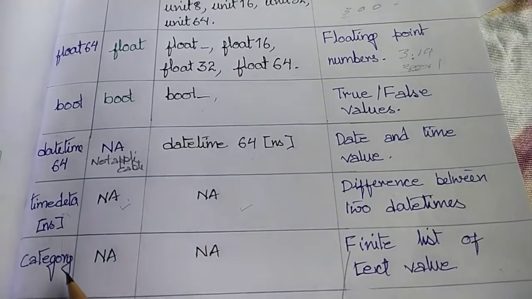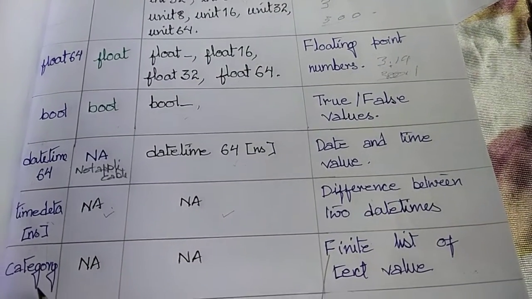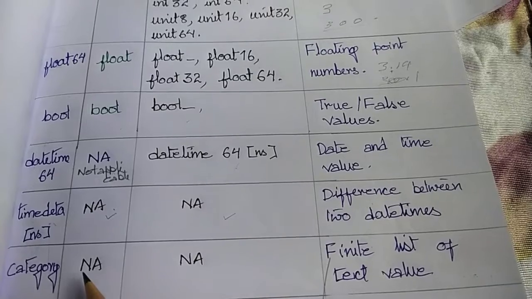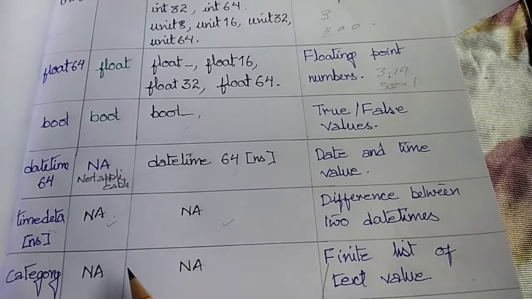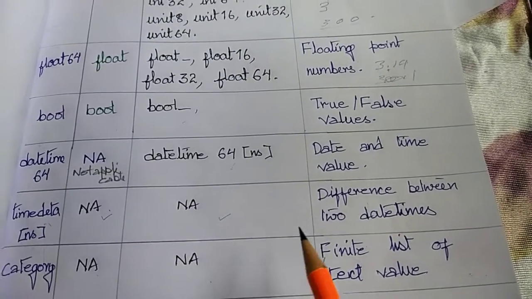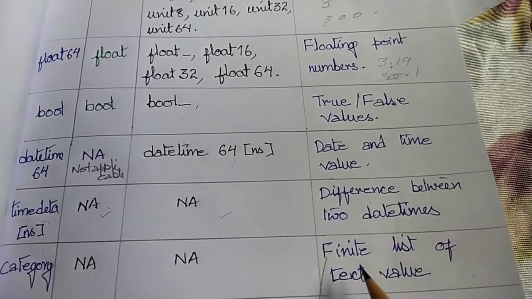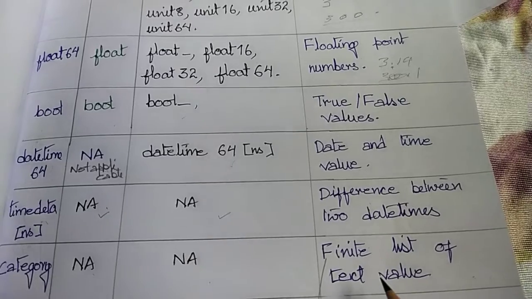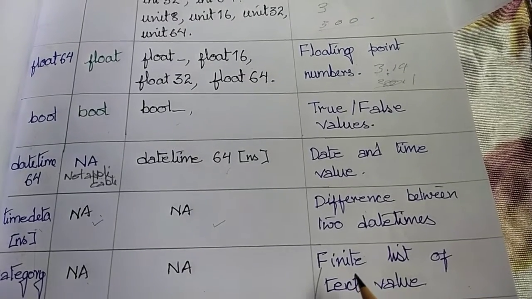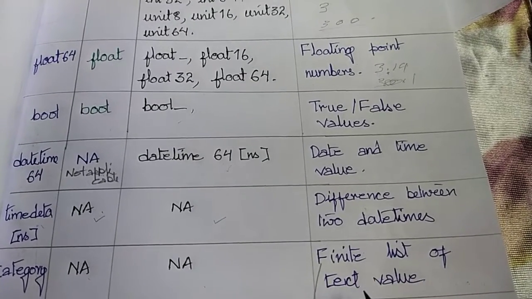Then next we have the category. Again, this data type we have in Panda, but we don't have it in Python and in NumPy. And you can use this category whenever you require to store a list of text values, which is a finite or fixed list of text values.